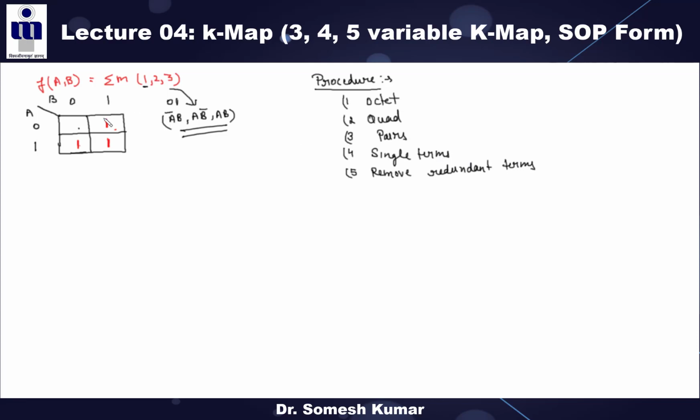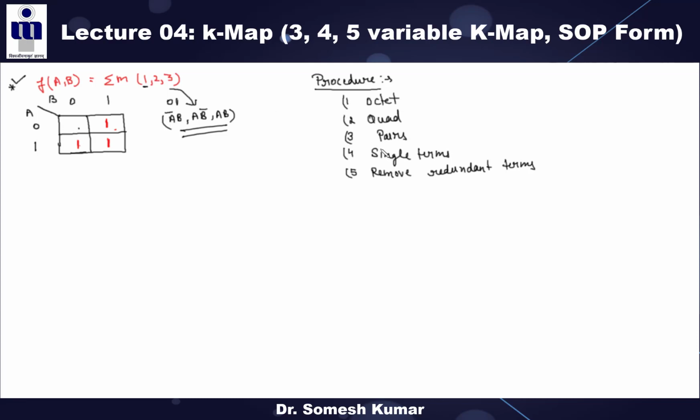So for two variables, is an octet possible in this example or not? Octet is not possible because there are only three ones, right? So octet is not possible in any case. Now is a quad possible or not? No, a quad is also not possible because there are only 3 terms. Nothing is assigned here at the zeroth position, right?